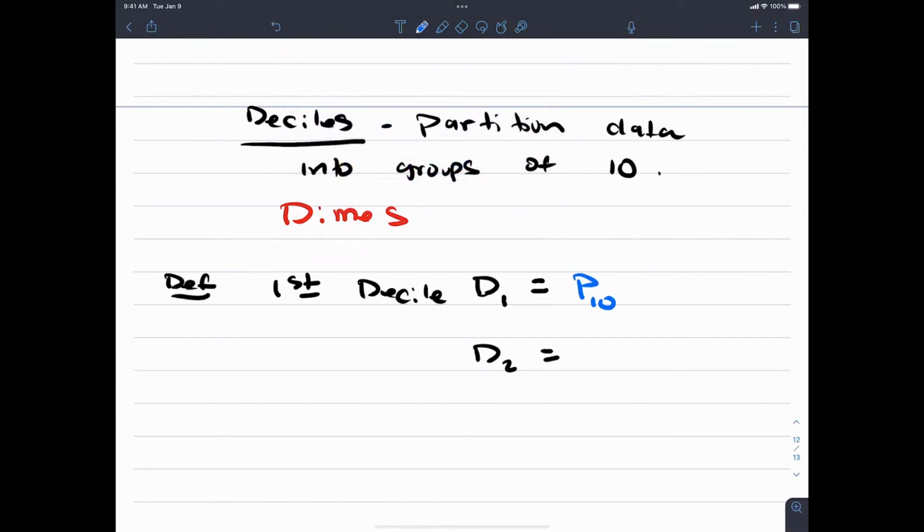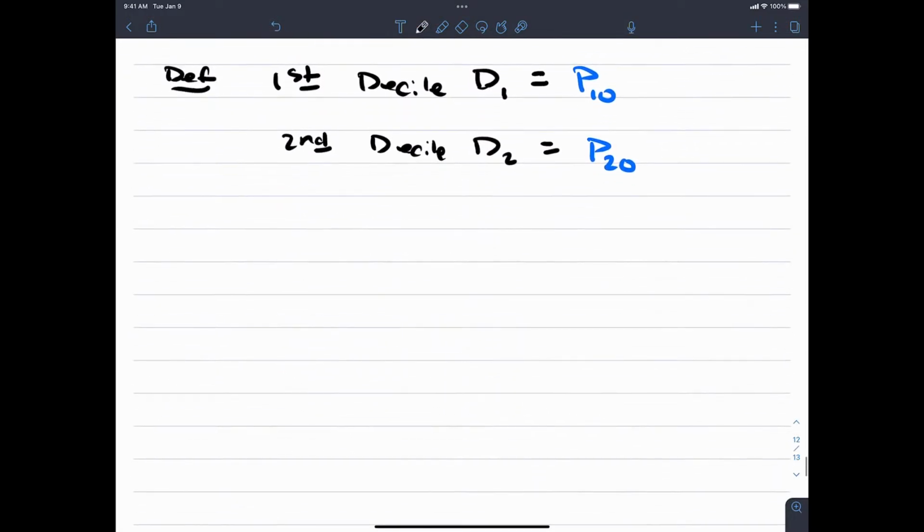So the definition is P10, ladies and gentlemen. It's the number of pennies in a dime, okay? How many pennies are in 2 dimes? 20. What do you think we call this? The second decile.